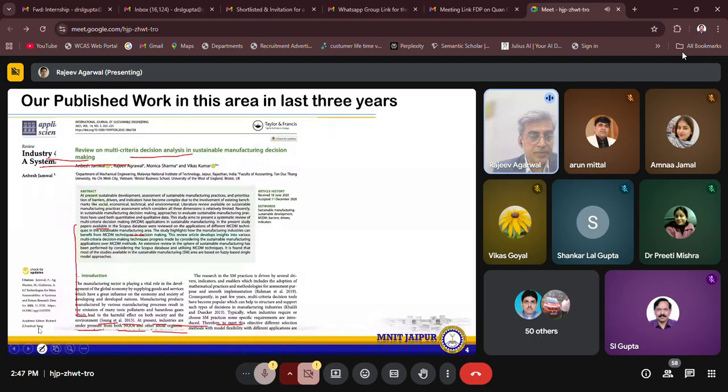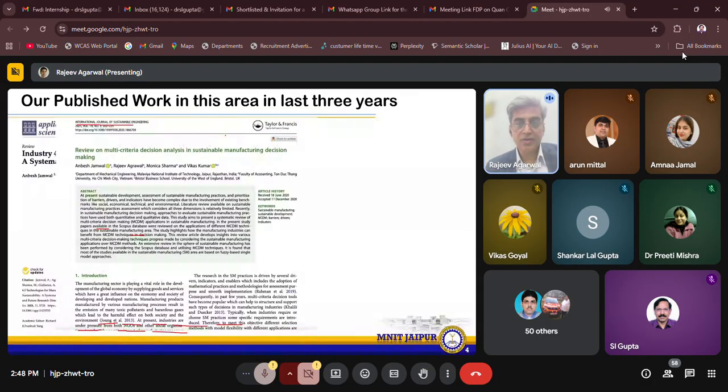The second paper is a review on multi-criteria decision making analysis in sustainable manufacturing decision making. This is the paper published in the International Journal of Sustainable Engineering.